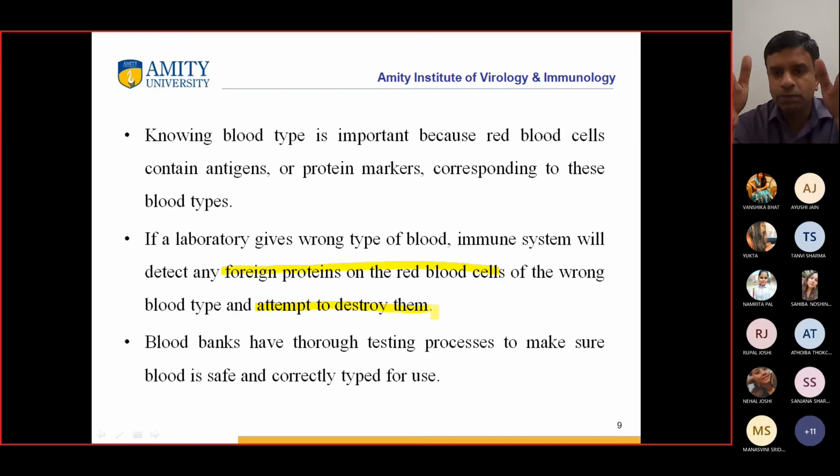A person with blood group A, and if by accident you have transfused blood group B, then the immune system will detect blood group B RBC as non-self, as foreign, and it will generate an immune response against it.